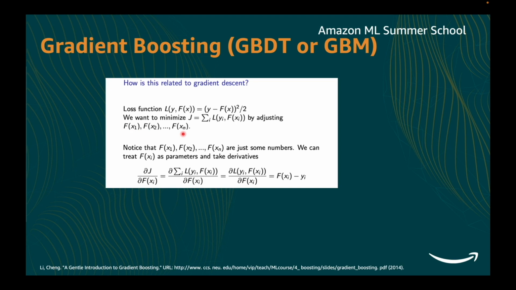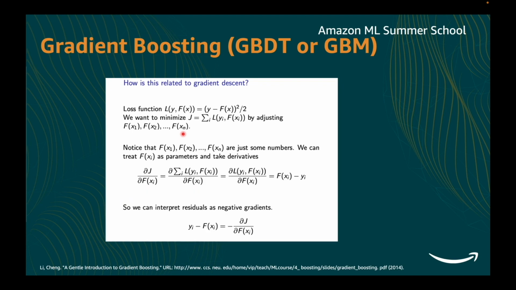These outputs of the model f are just some numbers, so you can treat them as parameters, and you can calculate the derivative of this loss. The loss over here is your simple squared loss. So what is the derivative of J, which is your total squared loss, with respect to each of the predictions of your function f?